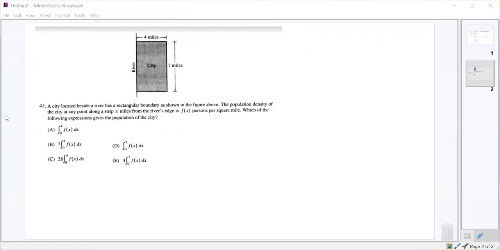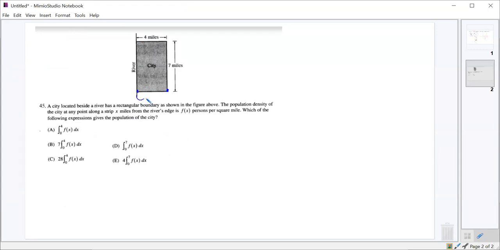So we got a city that is located beside a river as a rectangular boundary, and so on. The population density of the city at any point along a strip that is X miles from the river's edge. So we're going from here to here.